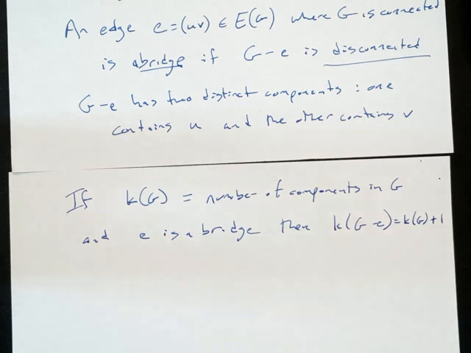So if I remove that edge and I separate U and V, then I've increased the number of components by 1.